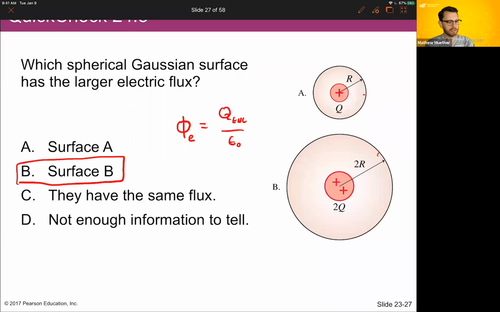It doesn't care about where the charges are located inside of that Gaussian surface. The flux just depends on the total amount of charge contained inside of the Gaussian surface. And since here I have more charge contained inside of my Gaussian surface, I have more flux through that Gaussian surface. How much more? I should have twice the flux because I have twice the charge.